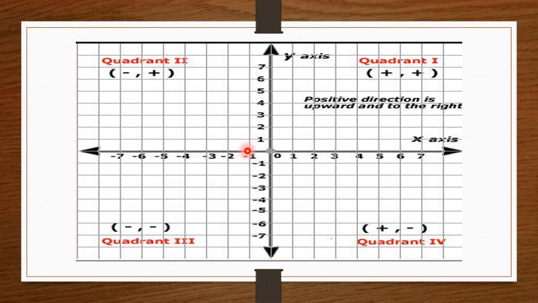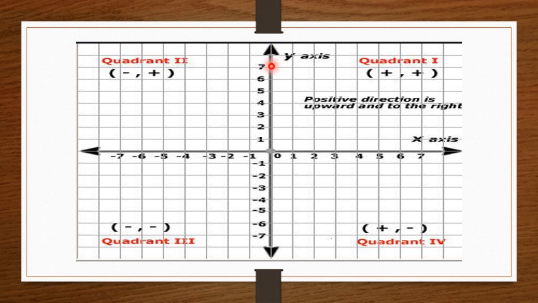And the left side of the x-axis from the origin is negative numbers. We have negative 1, negative 2, negative 3, until negative 7, and extended numbers of negative. So this is infinite negative numbers.